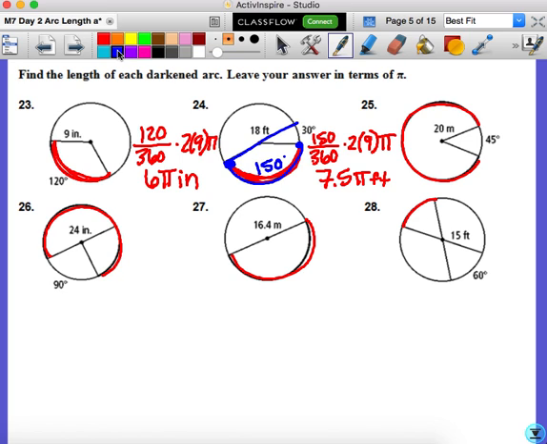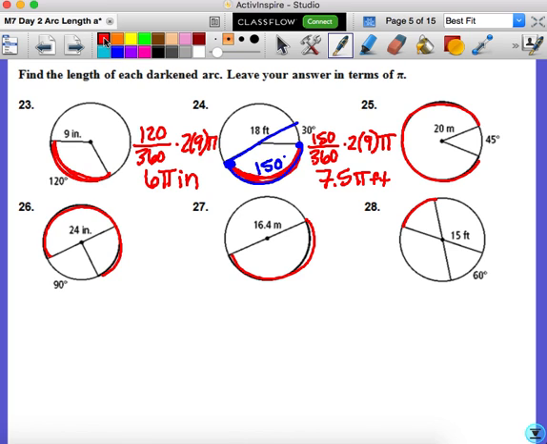The reason we often leave our answers in terms of pi is if we ever end up in a job where we cannot round, meaning it's a life and death situation if we round something too early, we want to make sure that we can give a confident answer and an accurate answer that is easy to look at but also represents all of the components of the formula. So we want to make sure here that we leave our answers in terms of pi anytime they tell us to do so. And if they don't, then we can simply just round it like we normally would.